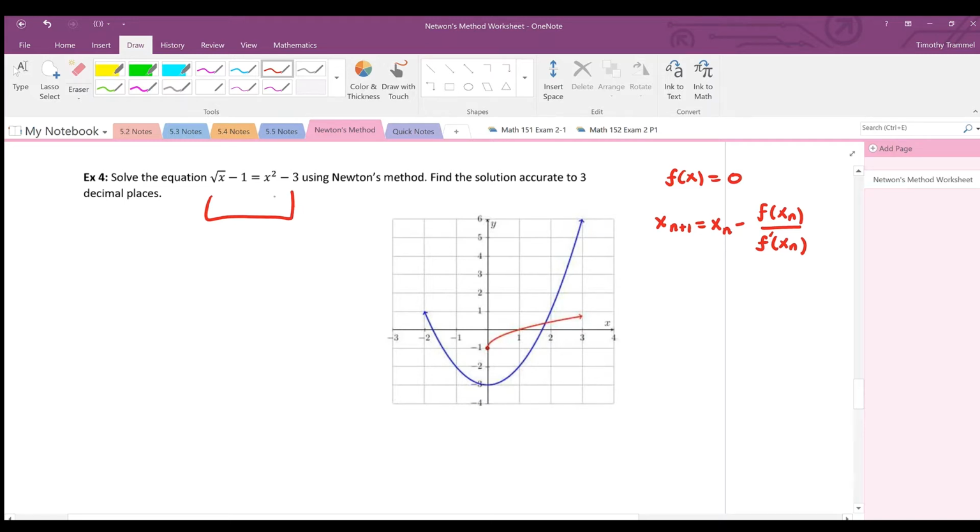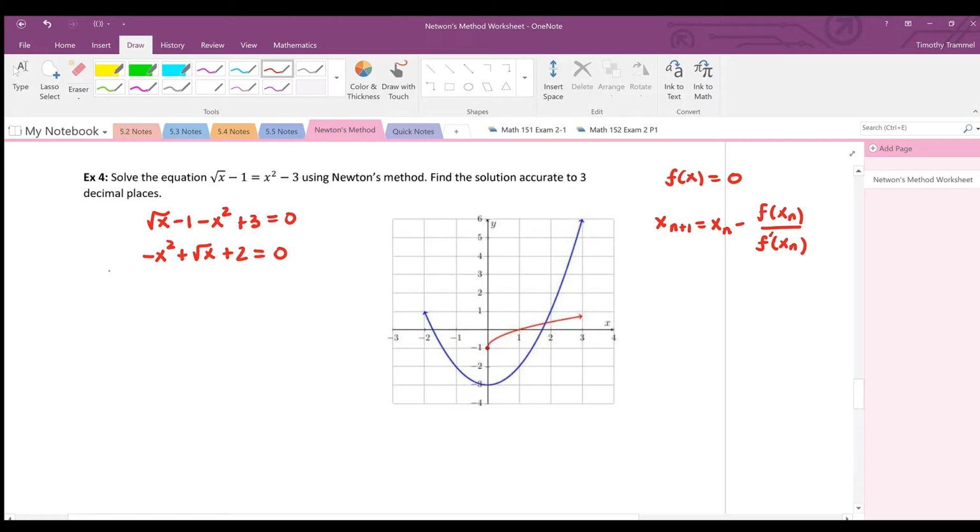Newton's method is meant for finding roots. But all we have to do to turn this into a roots question is to just move everything to one side. So why don't we go ahead and do that? We could subtract x squared on each side and add 3 to each side. And this gives us minus x squared plus the square root of x, and minus 1 plus 3, that's just 2.